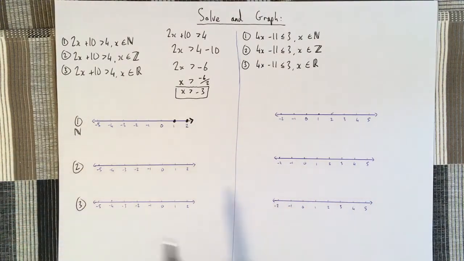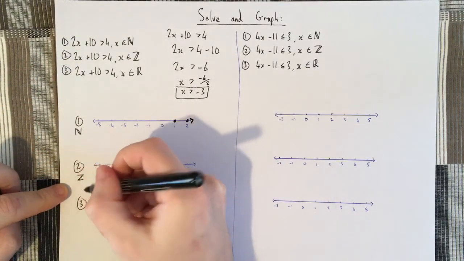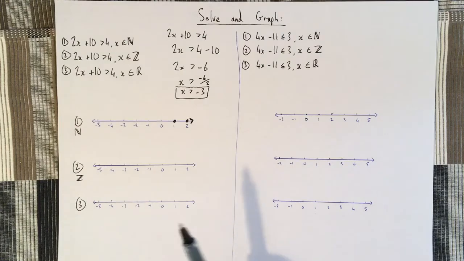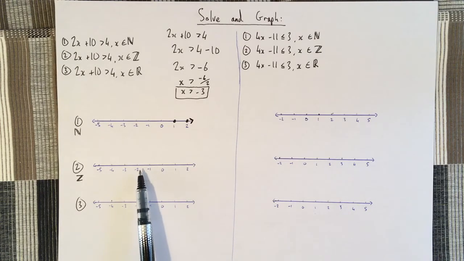All right. Next one then is integers. So integers which are greater than minus 3. So wouldn't include minus 3, okay, because it's greater than, it's not greater than or equal to, so just pay close attention to what symbol's in the question. Minus 2 is greater than minus 3, and it is an integer, okay?